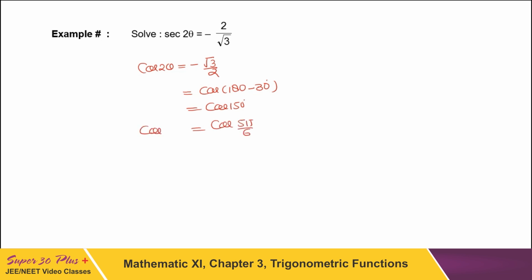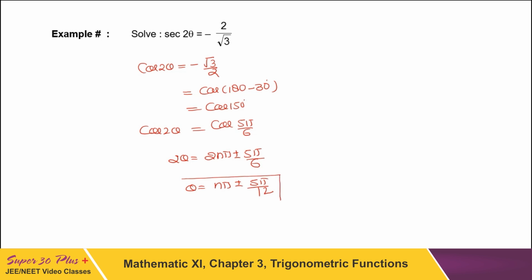Cos 2 theta is equal to cos 5 pi by 6. Theta is equal to 2n pi plus minus alpha. Now simplify it. Theta is equal to n pi plus minus 5 pi by 12.